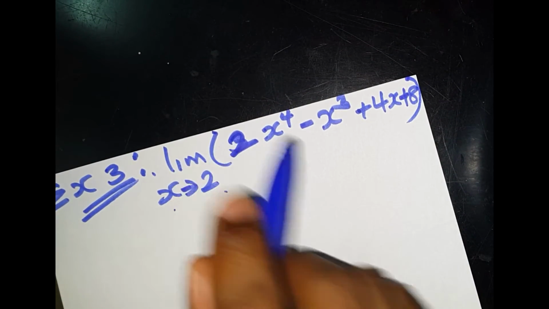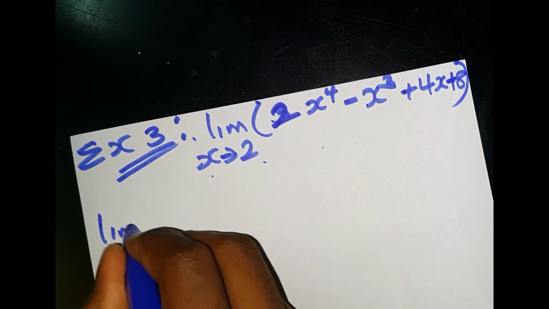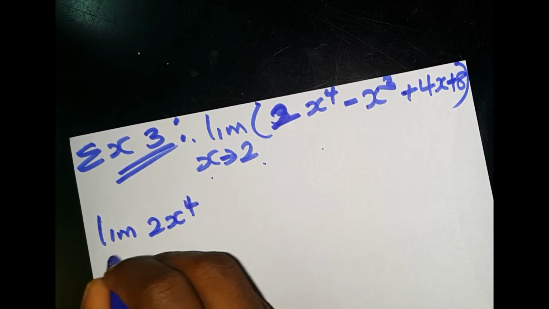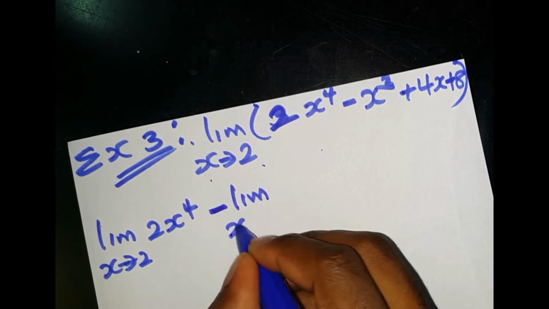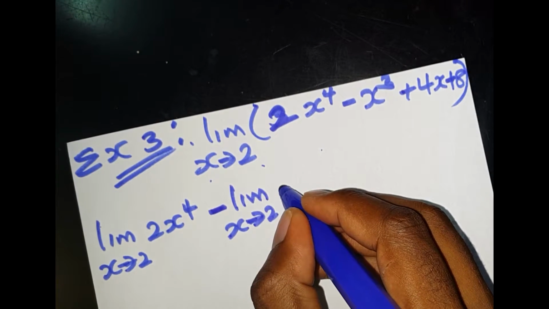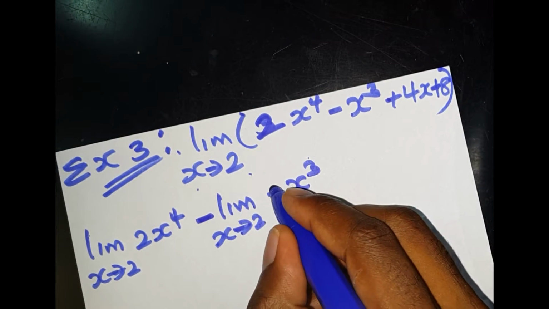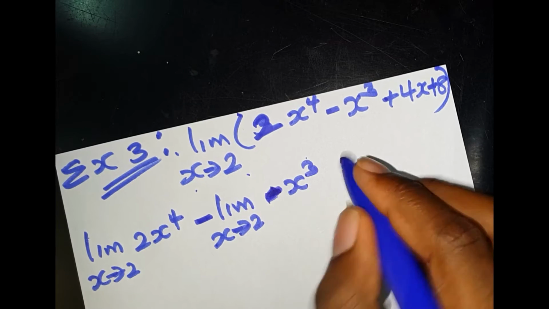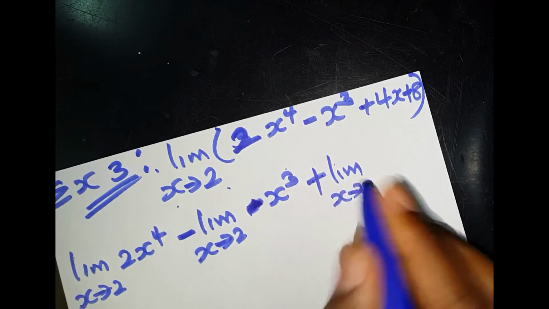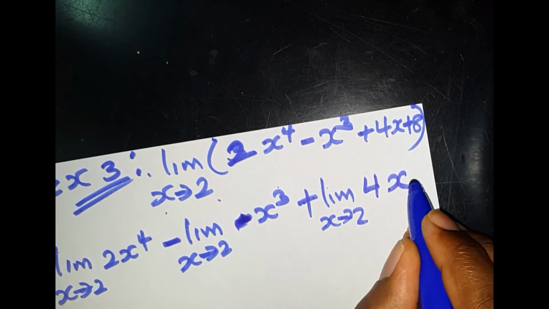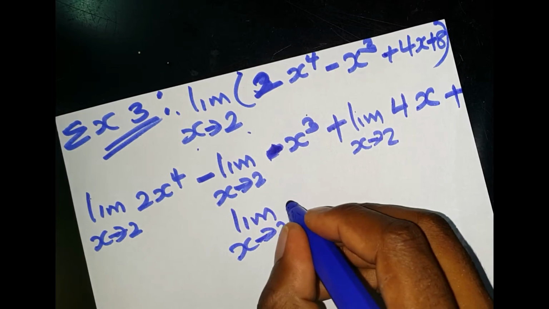The first thing you have to do is to split all this. We have the limit of 2x to the 4th when x tends to 2, minus the limit when x tends to 2 of x cubed, then plus the limit when x tends to 2 of 4x, plus the limit when x tends to 2 of 8.